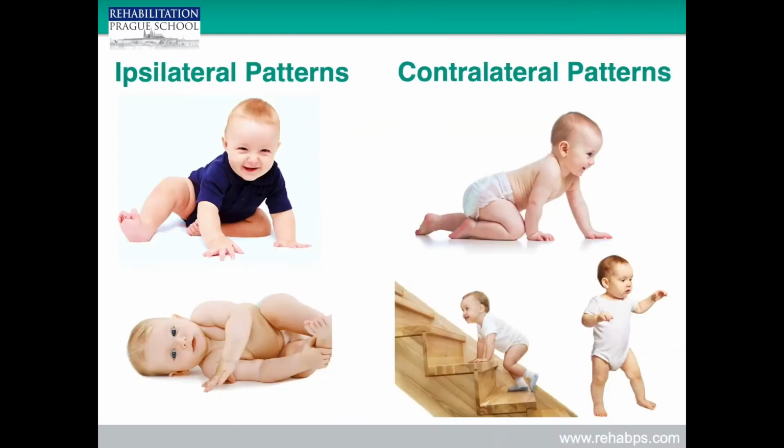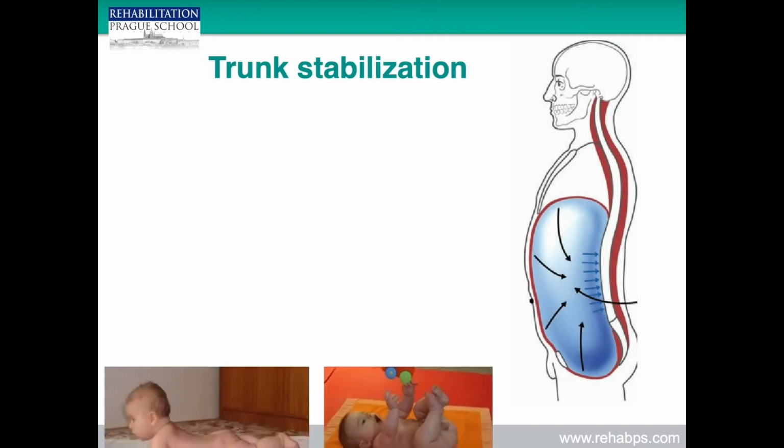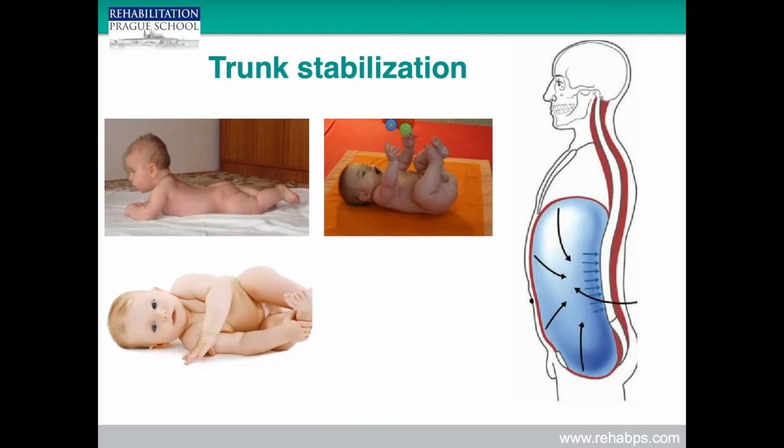The ipsilateral and contralateral patterns develop simultaneously during the first year of human life. All three global motor patterns, undifferentiated symmetrical, differentiated ipsilateral, and contralateral patterns, are each fully dependent on trunk stabilization.